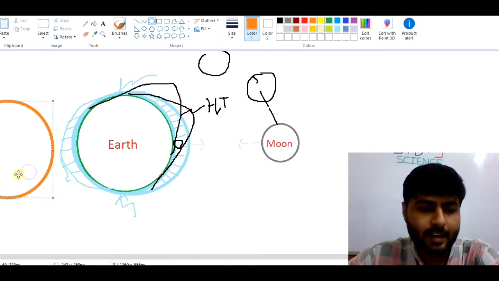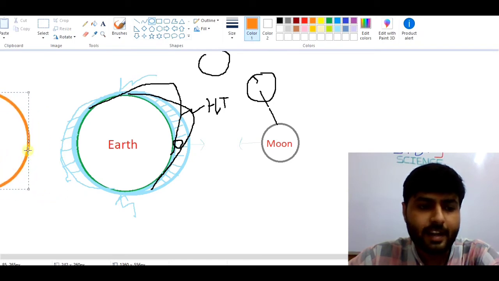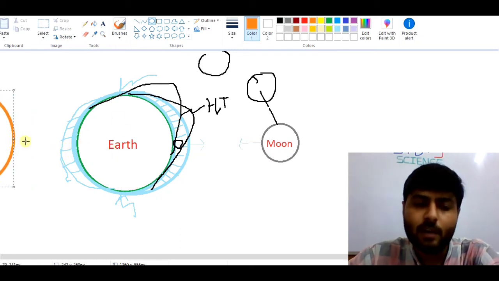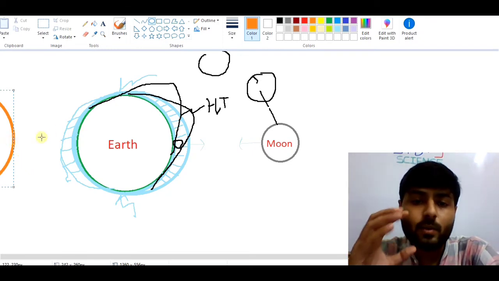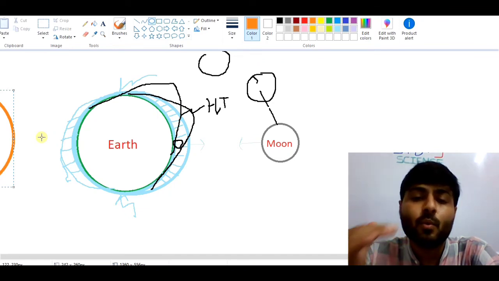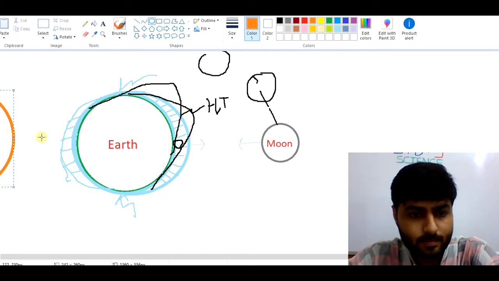It is comparatively larger and far from moon, but we have drawn it here. This sun tries to diminish or enlarge the effect of moon's gravitational force.